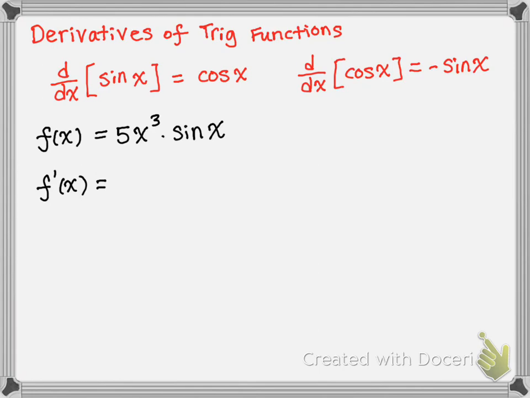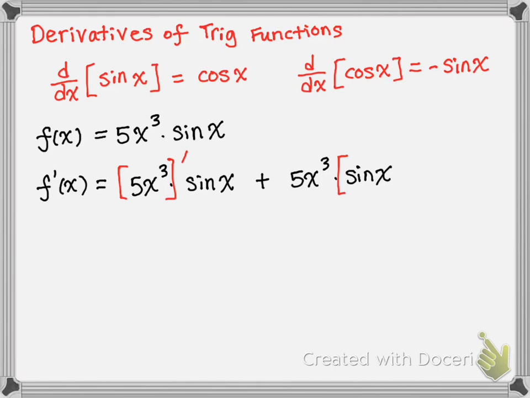So when we have a product, we make two copies of the function: 5x cubed times sine of x plus 5x cubed times sine of x. Then you apply the derivative operator on the first function and then on the second function. Then you just proceed taking the derivative.